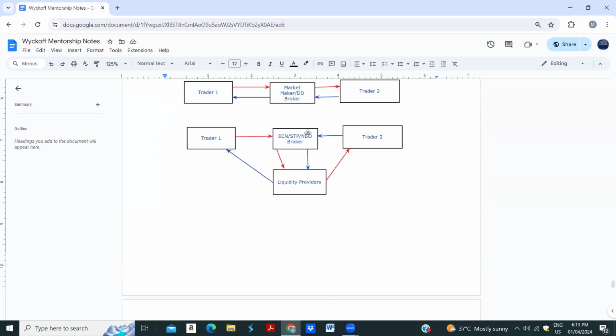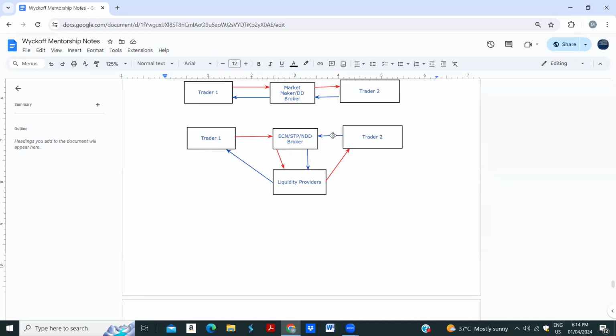However, the ECN and STP or no dealing desk broker model is very fair and transparent. So what happens is that trader 1 places the trade and passes the order to the ECN, STP or no dealing desk broker. The ECN, STP or no dealing desk broker acts as a third party or an intermediary for trader 1, and passes the trade to the liquidity provider. The liquidity provider trades against the trader, and the liquidity provider's trades are then passed on to trader 2.